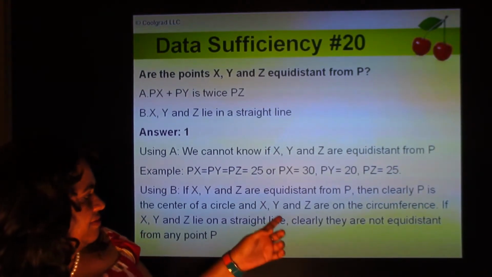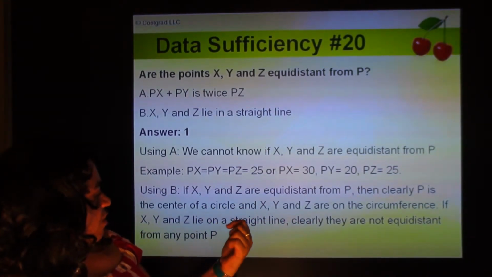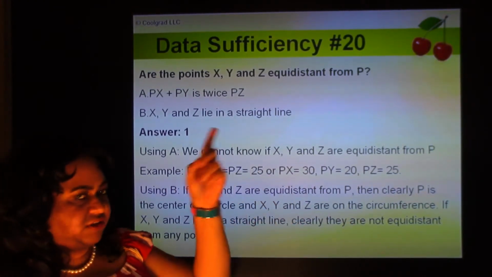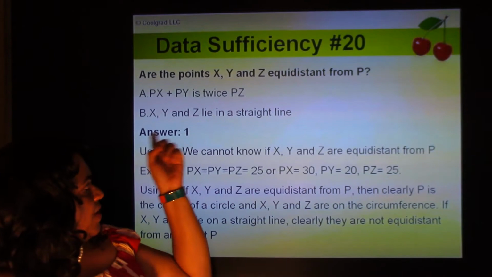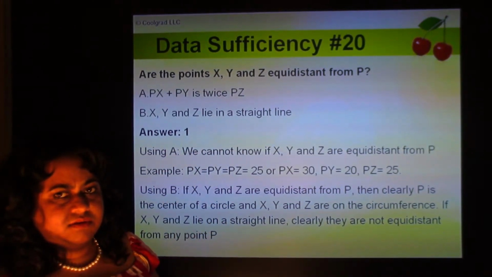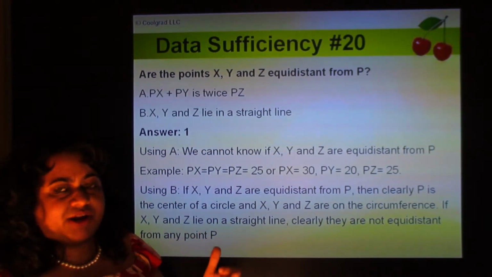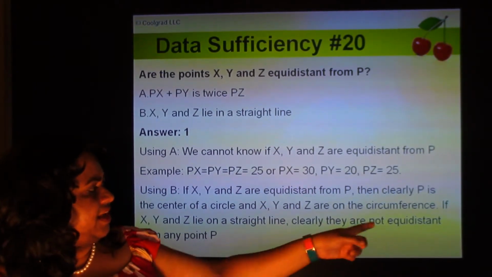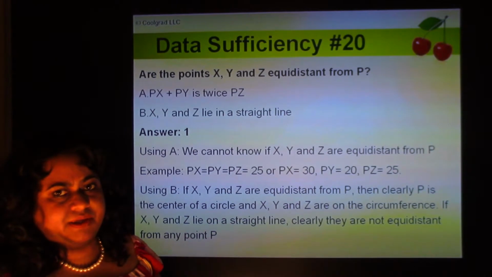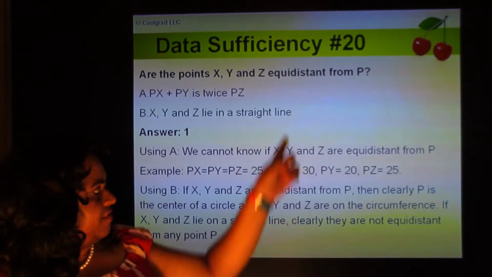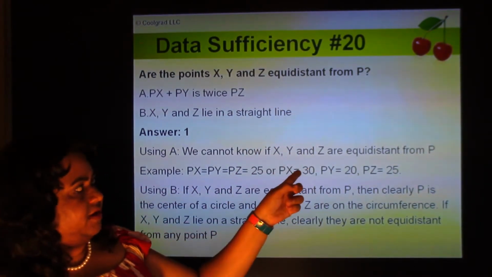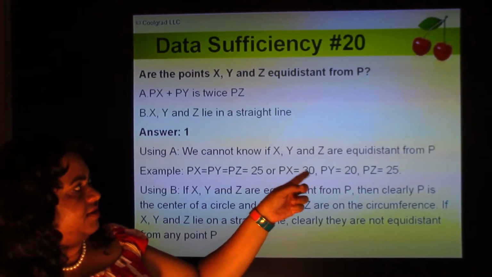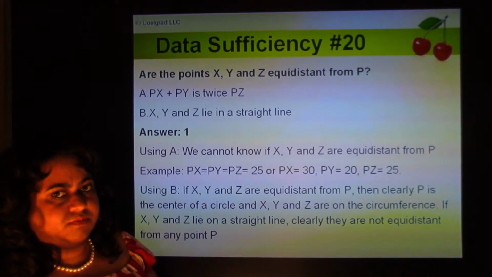That's what it means. If X, Y and Z lie on a straight line, clearly they cannot be on the circumference of a circle. Any 3 points which are in a straight line, how can they be on the circumference of a circle? So clearly they are not equidistant from any point P. If you have a straight line and 3 points on it, you can't find any point from which these 3 points are equidistant.